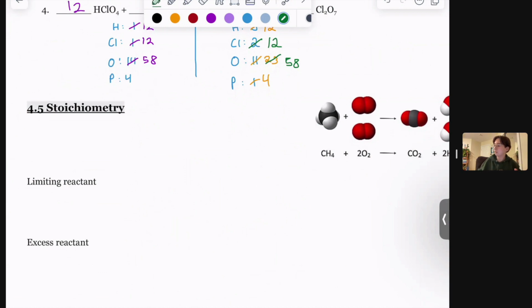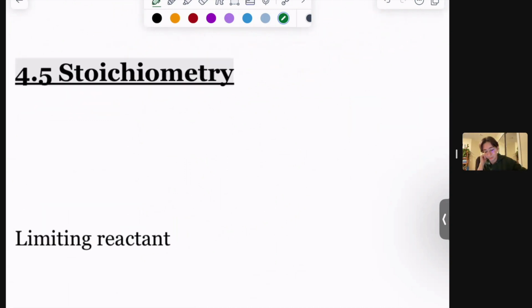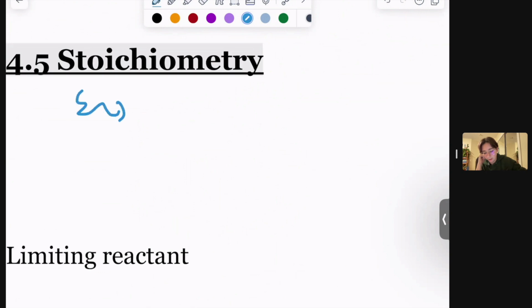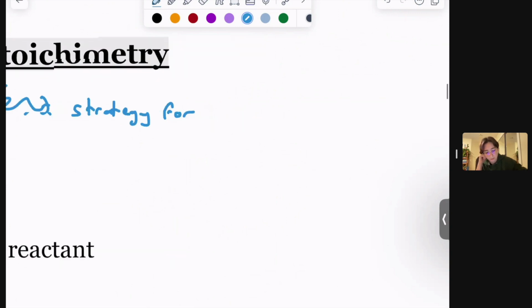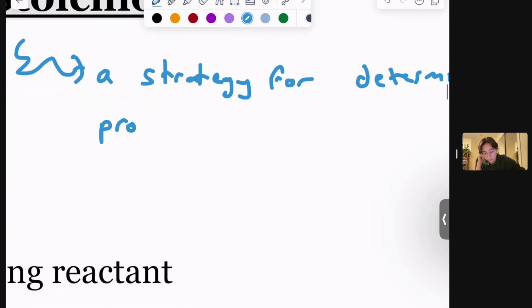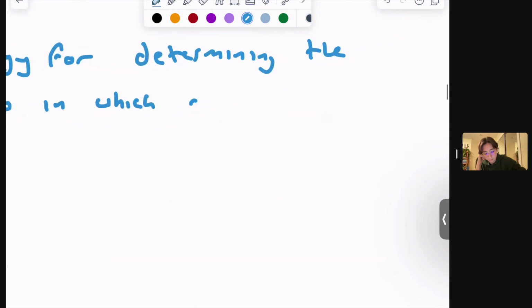Stoichiometry. Again, hopefully this sounds very familiar. Stoichiometry is just a way of determining the proportions in which chemicals react.